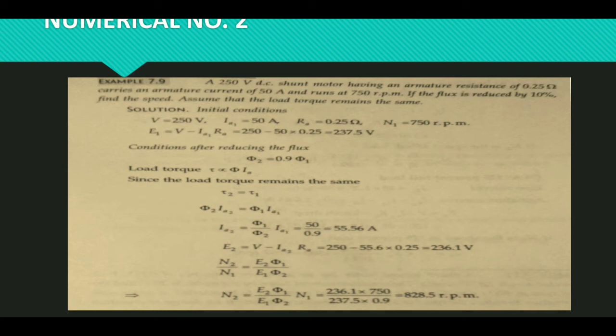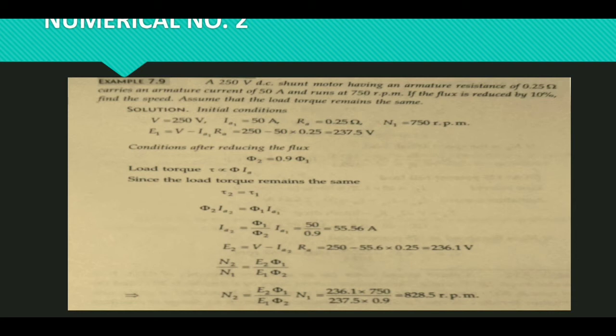The value of E2 is 236.1, and the value of N1 is 750 rpm. So 236.1 into 750 by the value of E1, which is 237.5, into phi1 by phi2, meaning 1 by 0.9.